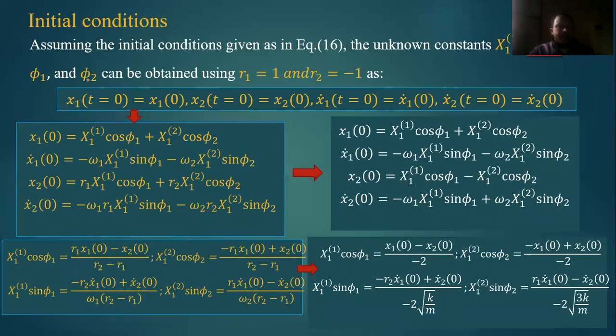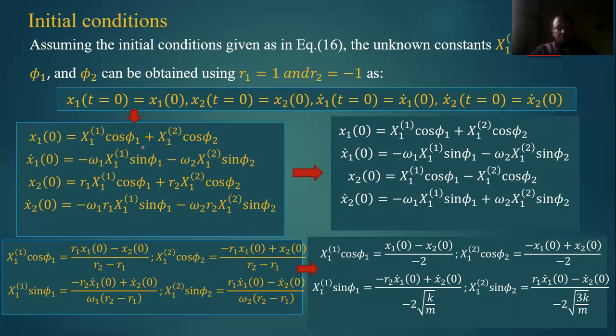So we have to represent x1 of t, x2 of t, and x1 dot of t equal to 0, x2 dot of t equal to 0. These conditions must be satisfied. We implement this as we have discussed in the earlier portion.